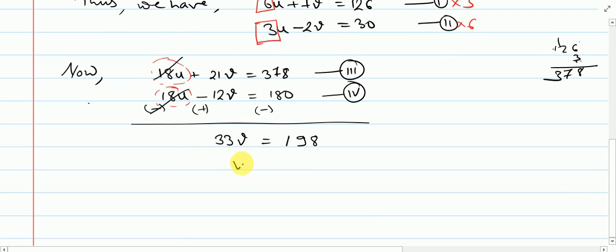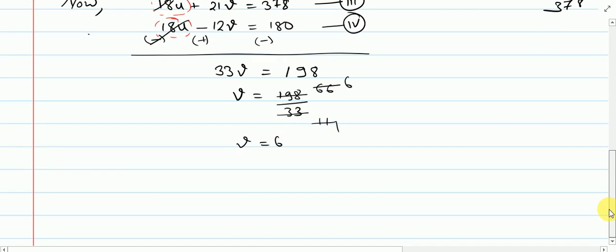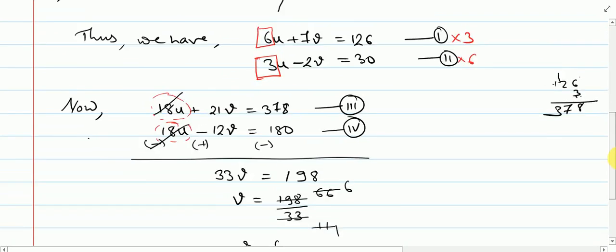Now v will be equal to 198 divided by 33. So 3 11s are 33, and 3 6s are 18, and again here, 11 1s are 11 and 6, so v is equal to 6. Now what we'll do, we will use the value of v in equation 1.